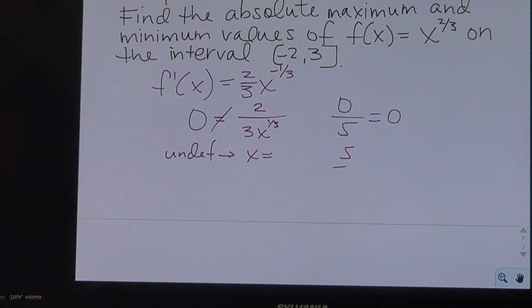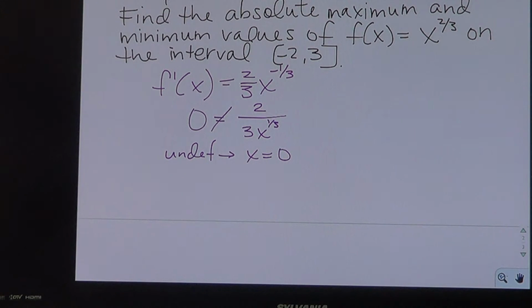What's 5/0? So when is a fraction undefined? When the denominator is 0, right? So in this fraction, when would the denominator be 0? When x is 0. Because there's just one term in the denominator with an x in it, so if the x is 0, then the denominator will be 0. So there's a critical point where x is 0.